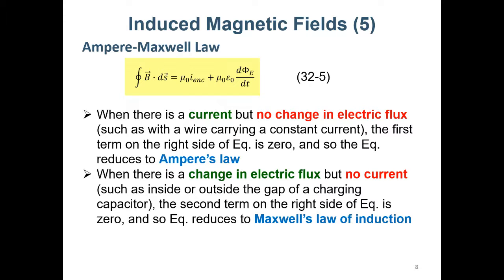And here it mentions that there's a current, but no changing electric flux. Then you only have this term, and the other term will be 0, so it will reduce to Ampere's law. If you only have the time-varying E field without the current, then this one is not 0 and that one is 0, and it will reduce to Maxwell's law.